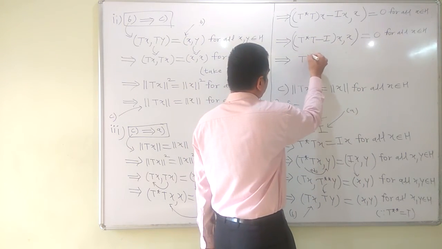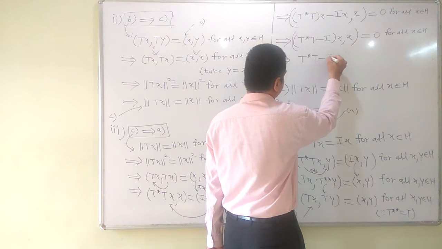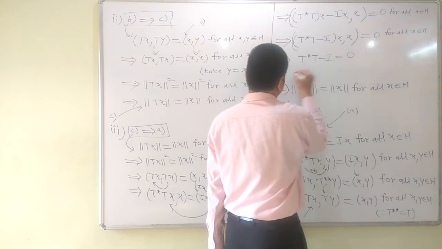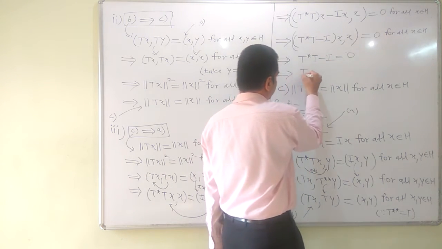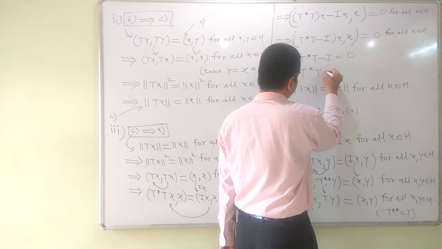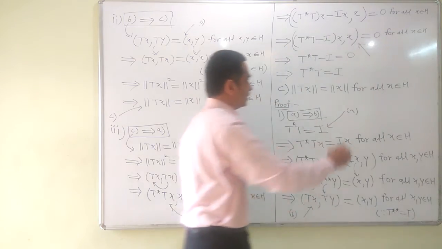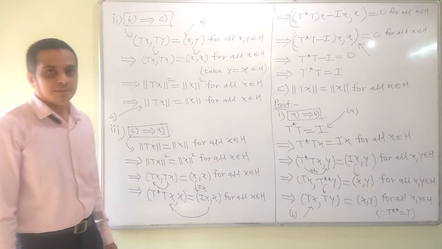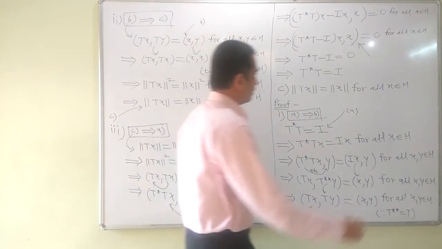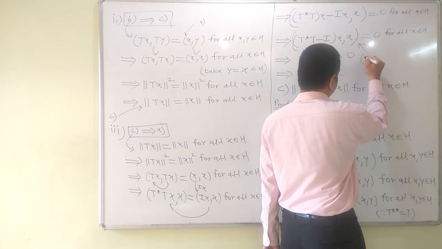T star T minus I is equal to 0. This implies that T star T is equal to I. So the important point to note is that we are using this result. Which result?